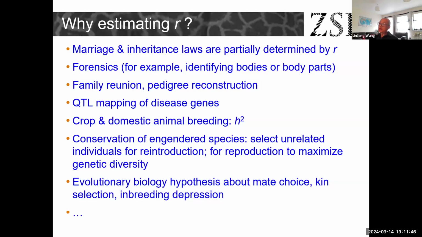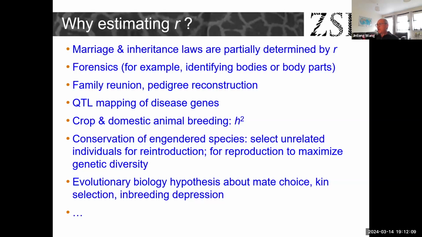Nowadays, with the use of the internet and large SNP data sets, it's very common for a few companies to reconstruct pedigrees using genetic marker data, so you can find your remote relatives in other parts of the world easily.